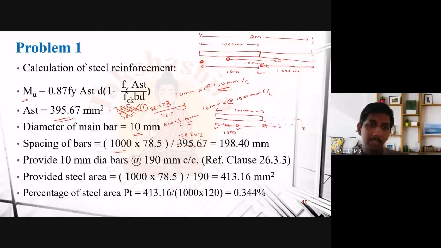In this case, 395.67 is your total area and the area of cross section of a single bar is 78.5. Therefore, 1000 into 78.5 divided by 395.67 gives me 198.40 as my center to center spacing. I am rounding it down to 190, and mentioning: provide 10 millimeter diameter bars at 190 millimeter center to center.